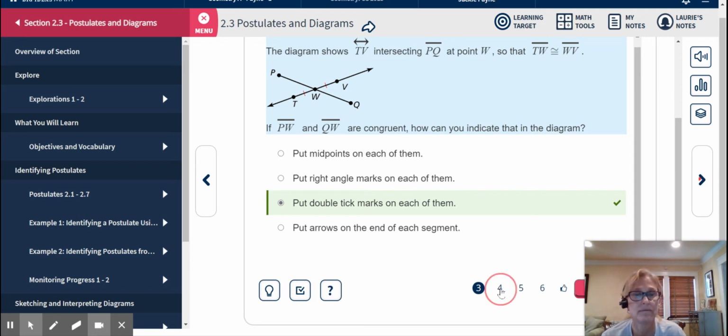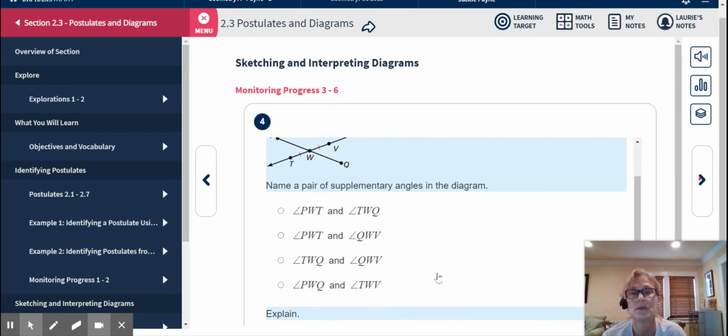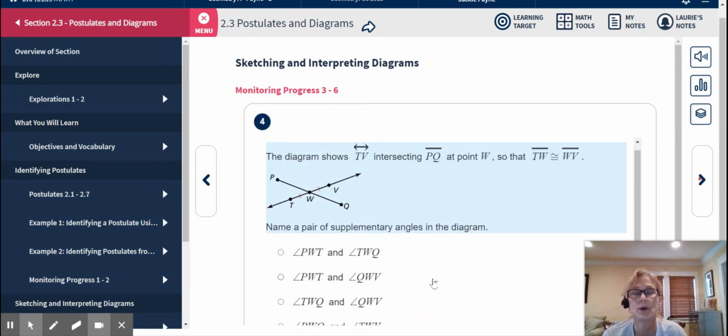Okay, we have a bunch of questions here. The diagram shows TV intersecting, same question. Name a pair of supplementary angles in the diagram. So remember, supplementary angles make a straight line. One of the things you could do would be right here. Those make a straight line.